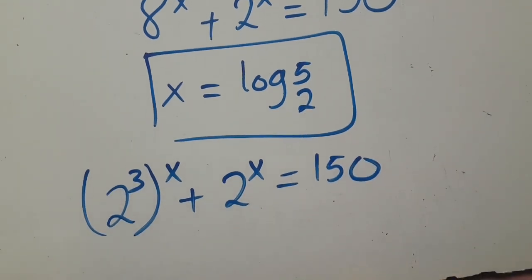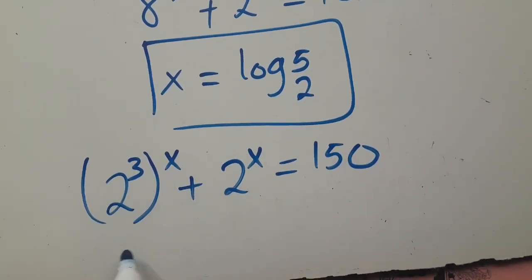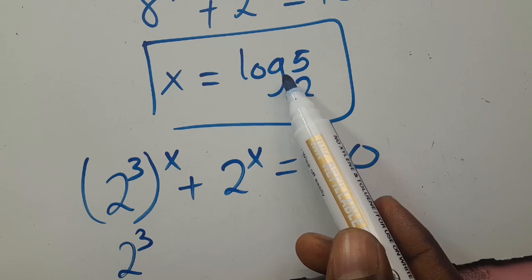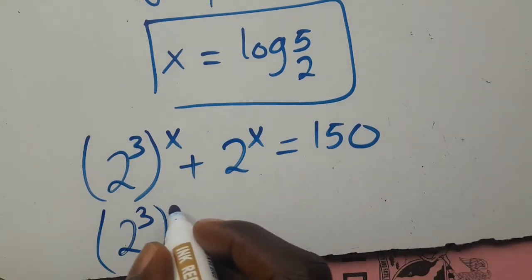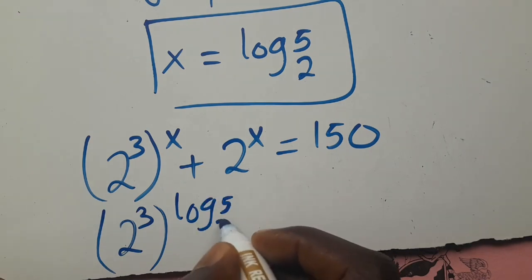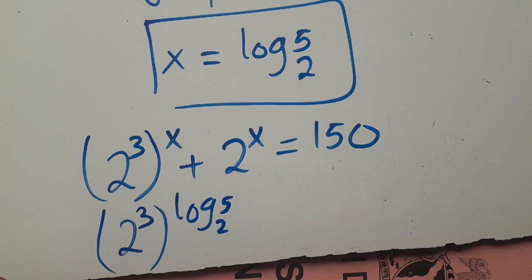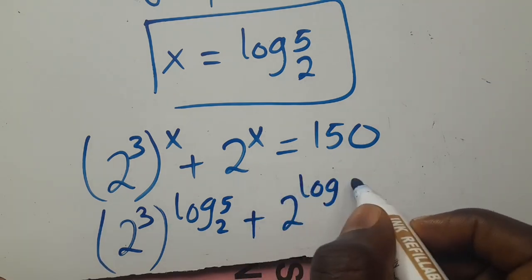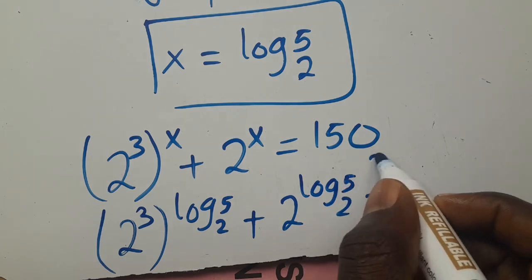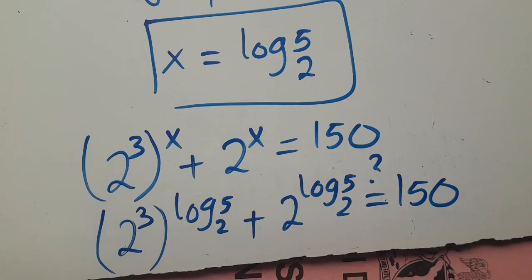Now, from here, you see we can have 2 to the power of 3, then our x equals log 5 in base 2. So here will be log 5 in base 2, plus 2 to the power of log 5 in base 2. Then this is going to give us 150.